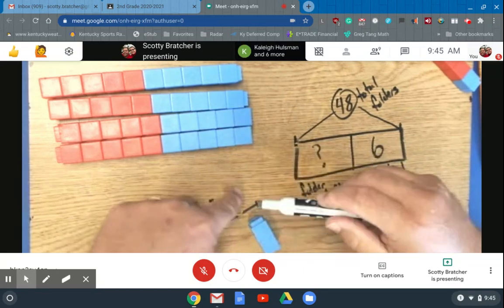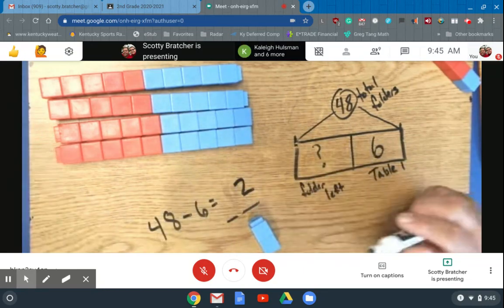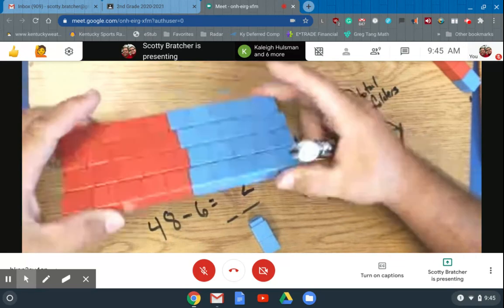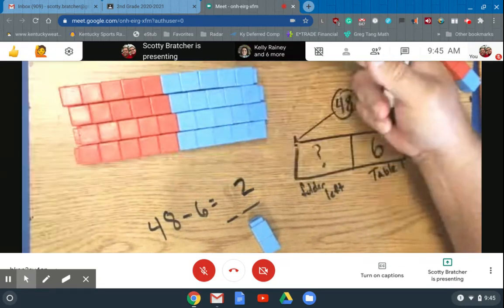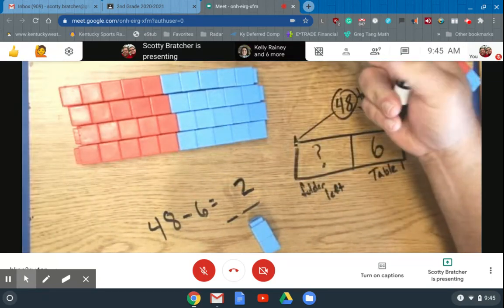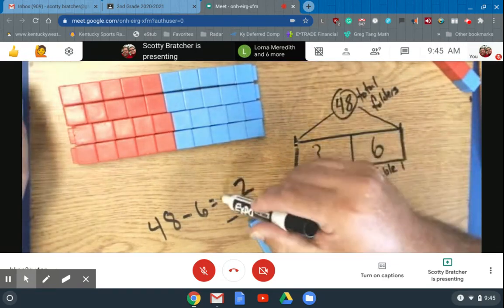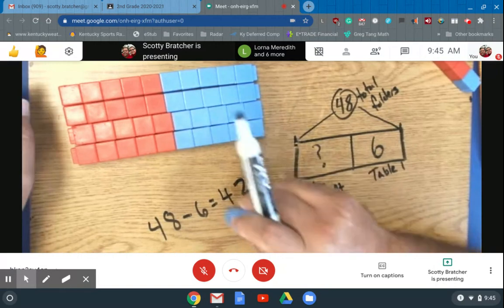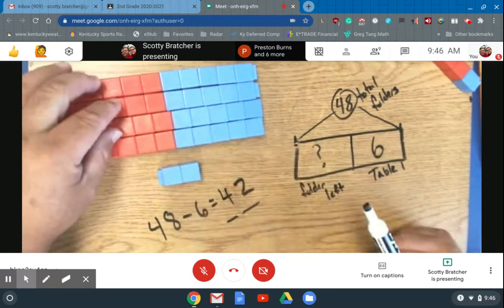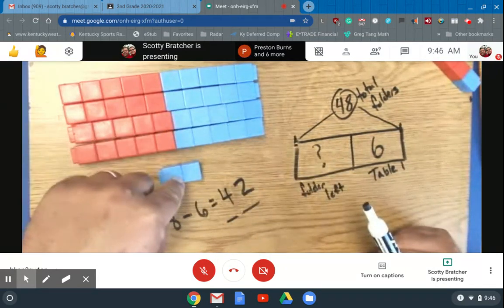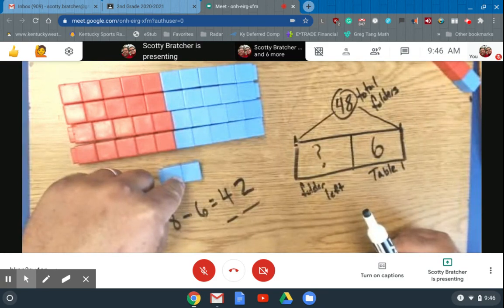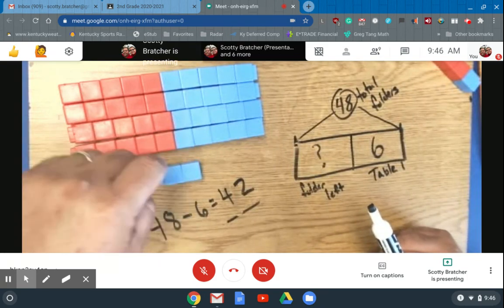So I know the ones is 2. Did I do anything with the tens? No. Okay? So they stay the same. And I have a new number of 42. Yep. All right.